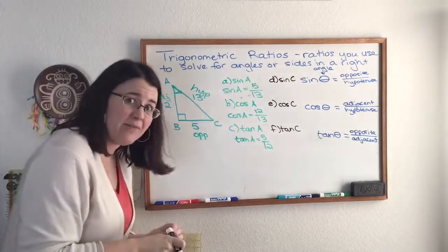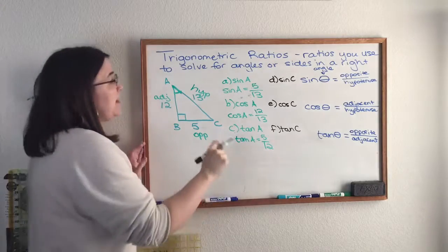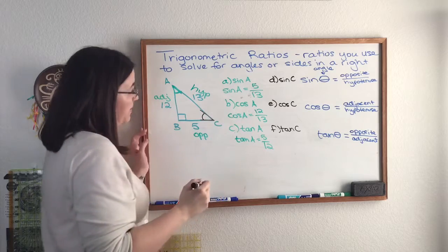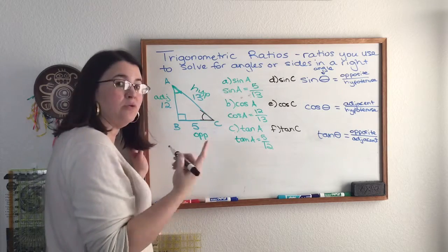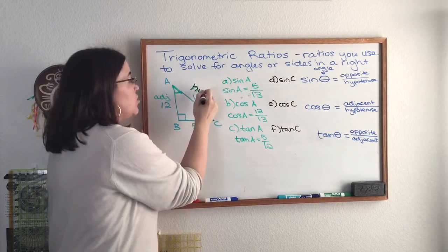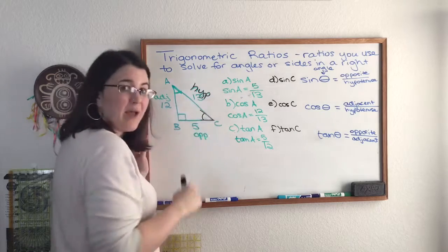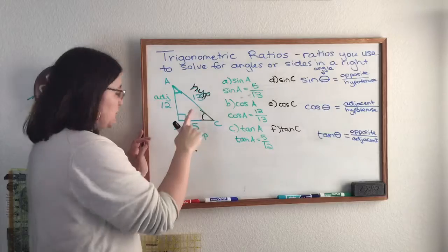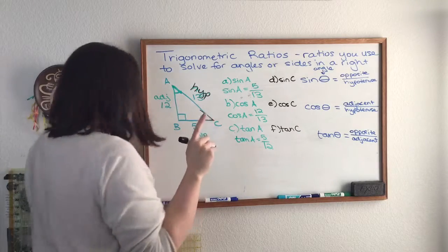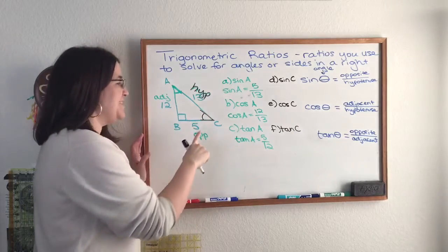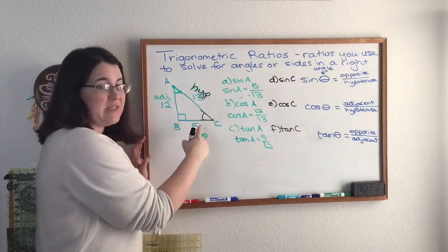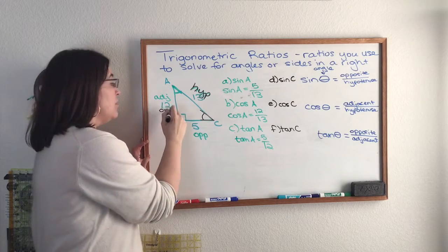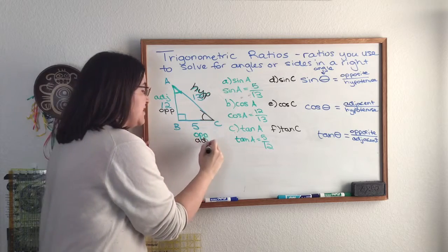Now, here's where you have to be careful. Now I'm looking at angle C. That's this angle here. When I identify the hypotenuse, it's still the longest side. It's not going to change. What will change though is which side is opposite C. The side that's completely opposite C is here, and the side that's adjacent to C is here.